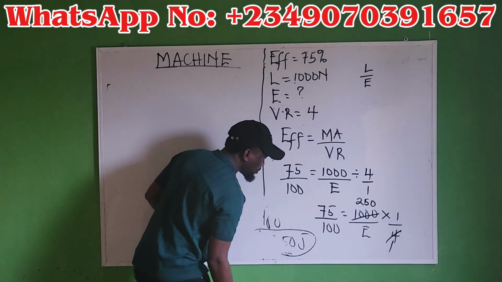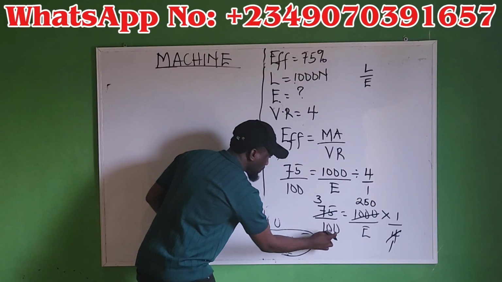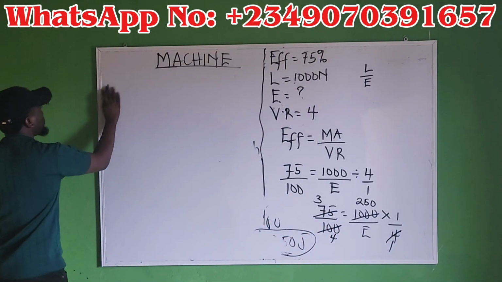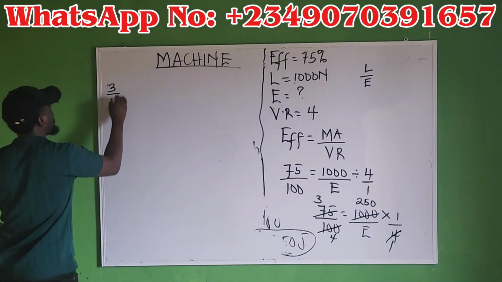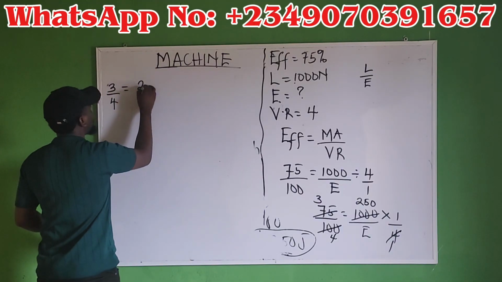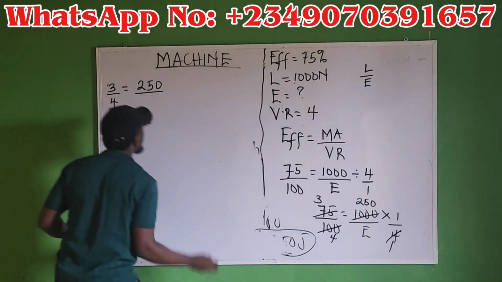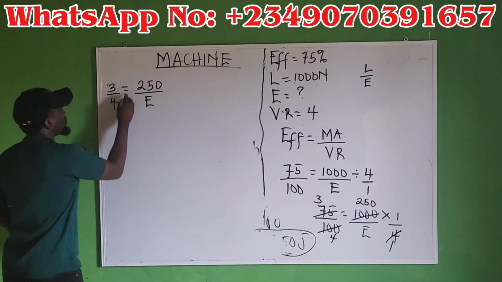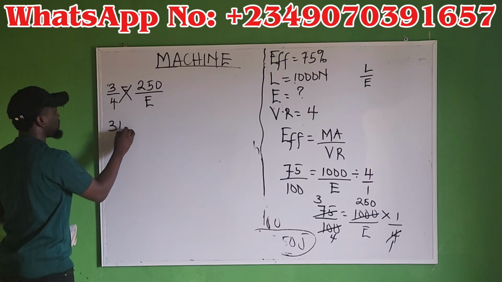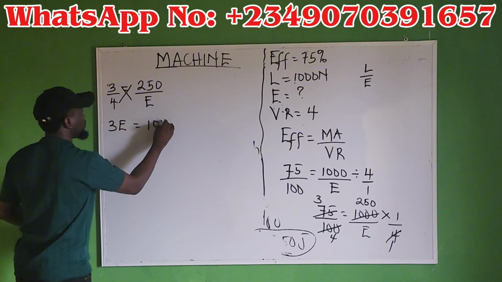And 25 can go in 75, that is 3, and 25 in 100, that is 4. So we have 3 over 4 equal to 250 over E. So cross multiply. 3 times E, that's 3E, is equal to 4 times 250, that gives us 1000.